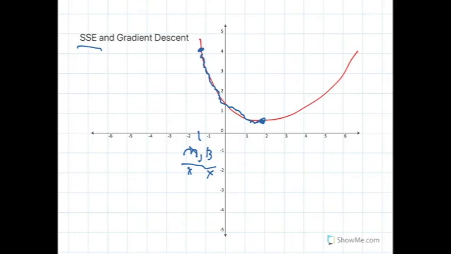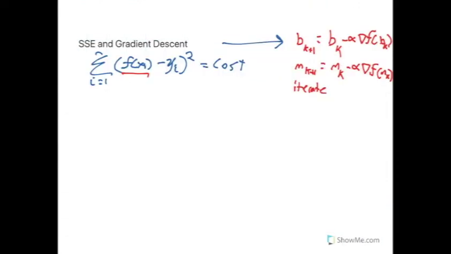So now you can see that each step is represented by that iteration until we get to some point where the difference between these two steps in iteration, going from k to k plus 1 for each of these two parameters in our functions, gets to be so small that we're happy, that we know that we're close to the minimum amount of cost.